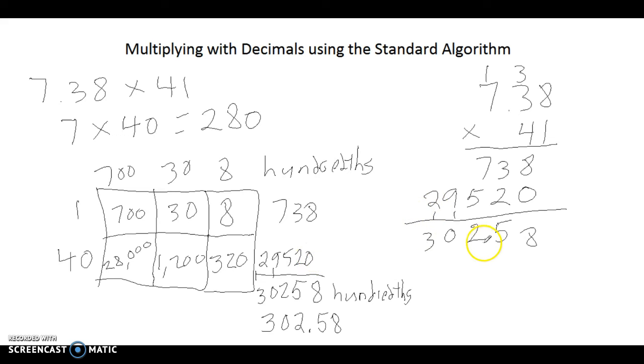So if we were to use our estimate, we realize that, again, we will have to divide by 100, since this was hundredths, in order to get our final answer of 302 and 58 hundredths.